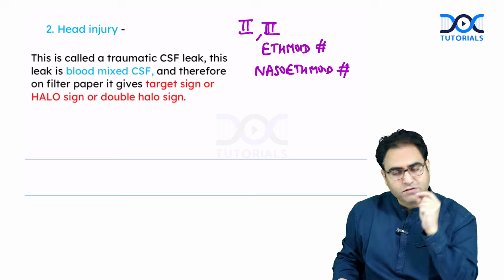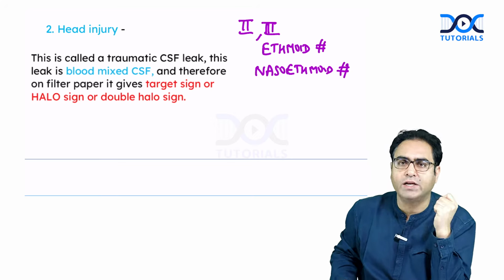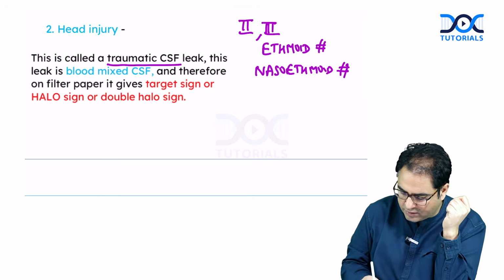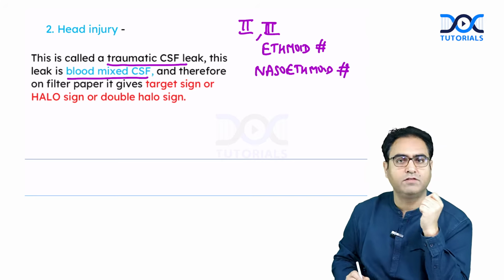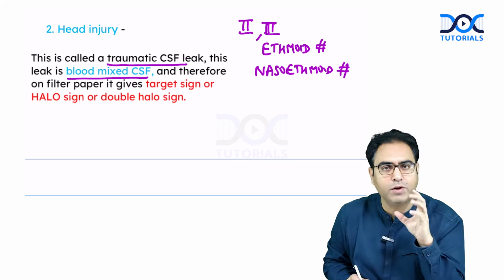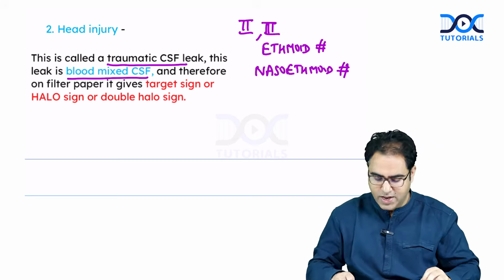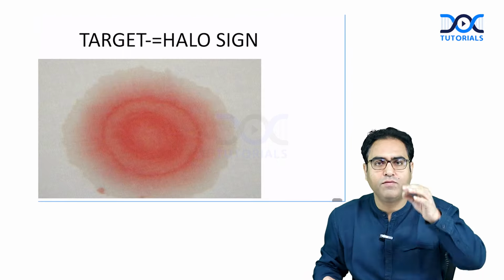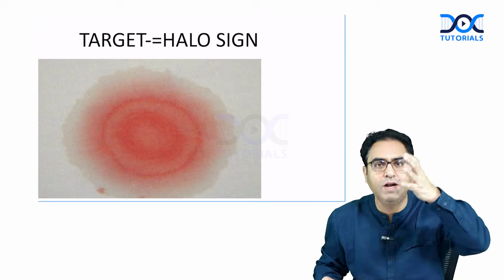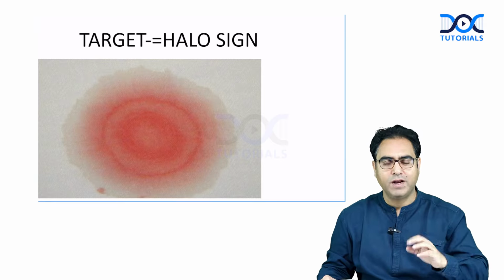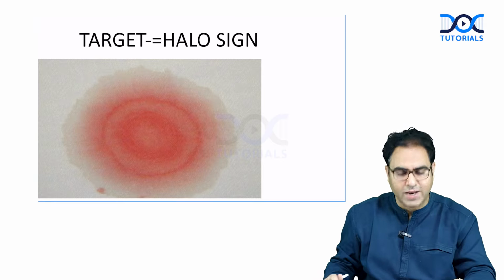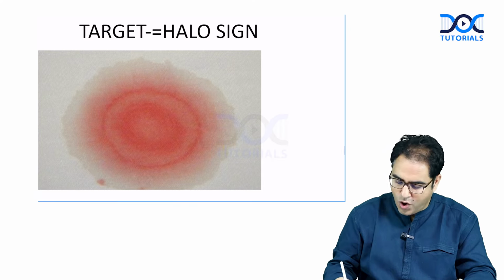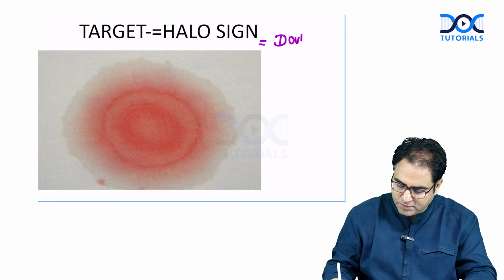Now this type of leak, as we just discussed, the LeFort fracture, is called traumatic CSF leak and it is blood mixed CSF. All leaks are not blood mixed, but traumatic CSF leak is blood mixed. And if you allow a drop of this blood mixed CSF fall on the filter paper, it will lead to target sign, halo sign, or double halo sign.